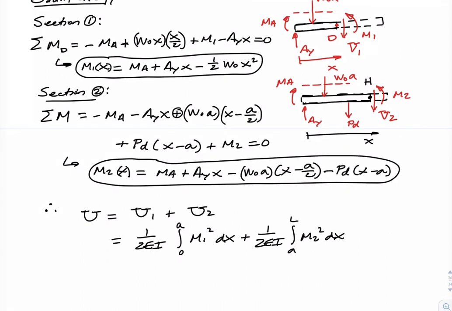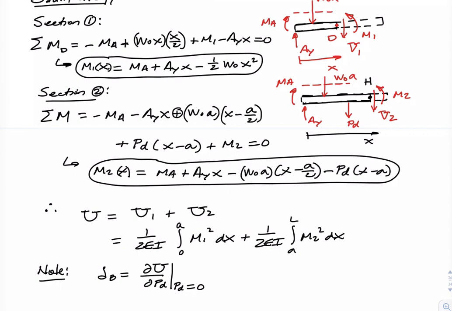Just note this. We will say that the deflection at B will be equal to the partial of U with respect to our dummy force PD, provided that we set PD equal to 0 when we get through.